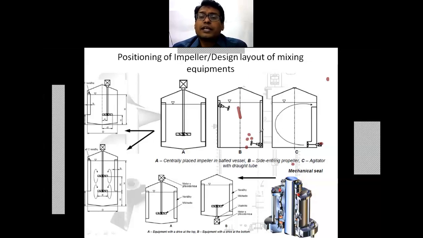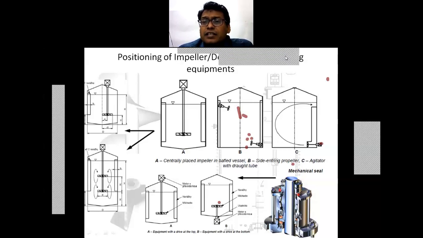In big tanks, generally these two impellers can be used. It is preferred only for big tanks and with smaller impeller diameters. Then the bottom entry, shown in the bottom figure, can also be there. So the different entries depend on the process requirement.